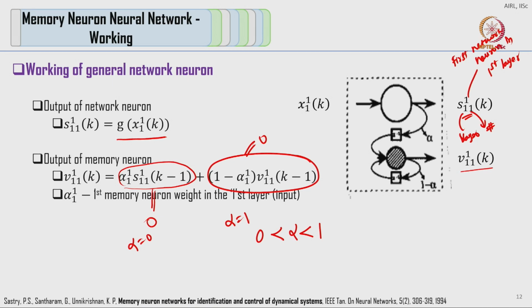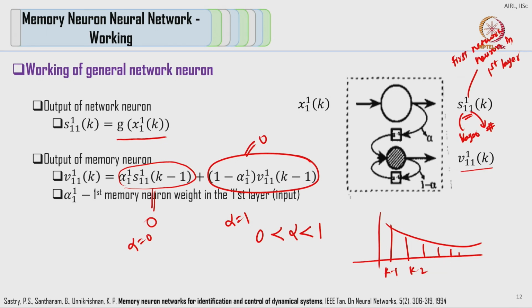If alpha is between 0 and 1, the memory neuron captures the past information in an exponential sense. If I expand this, alpha is the effect for the k minus 1th step, for k minus 2 it becomes lower and lower, and so on.